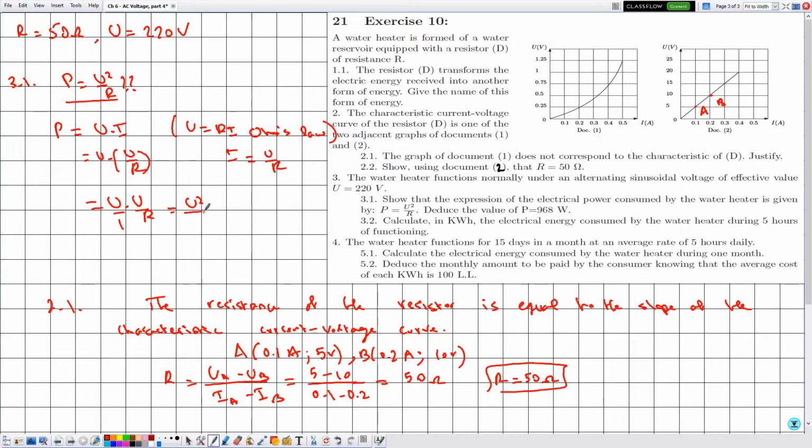This is given by U square over R. Then we have proved that P is equal to U square divided by R.